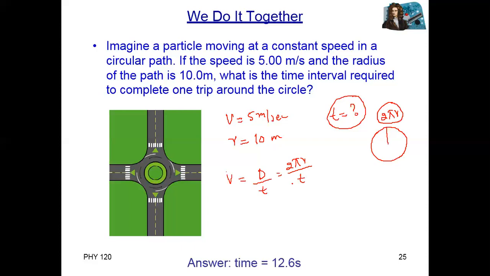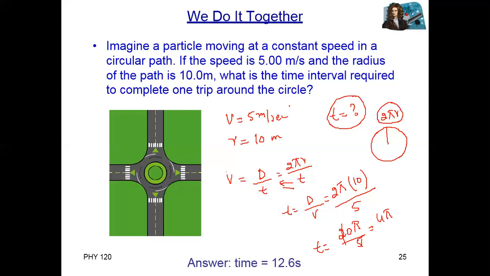Correct? Cross multiplying, t is equal to distance divided by speed. So distance is 2 pi times radius 10, divided by speed, which is 5 meters per second. So time equals 20 pi divided by 5, and simplifying 20 with 5, we get 4 pi.